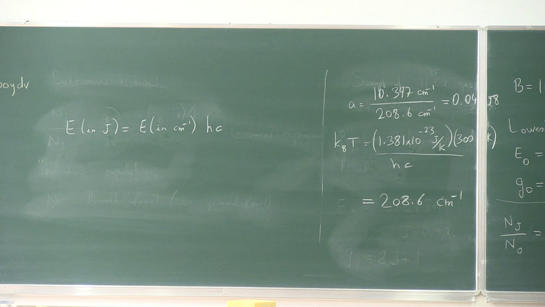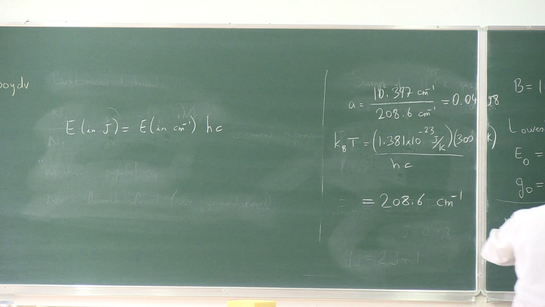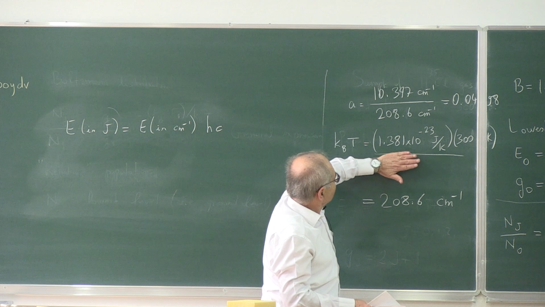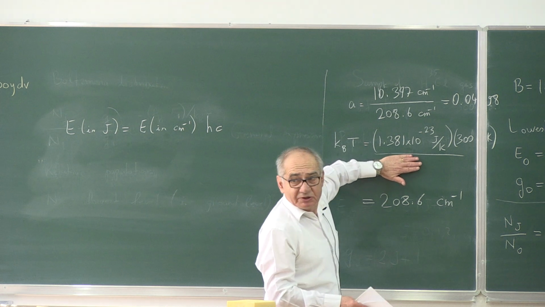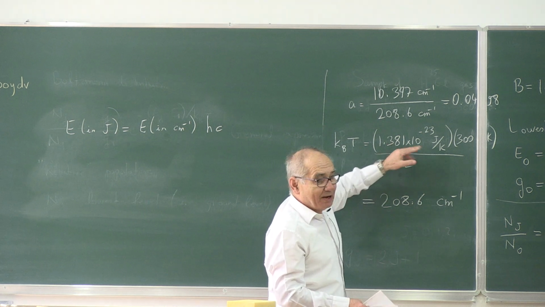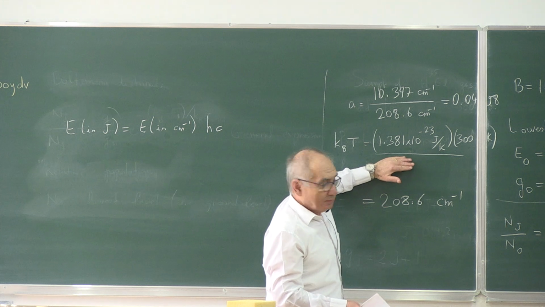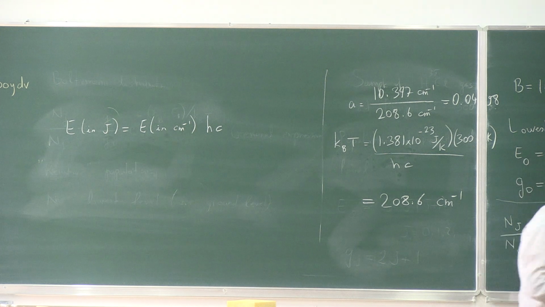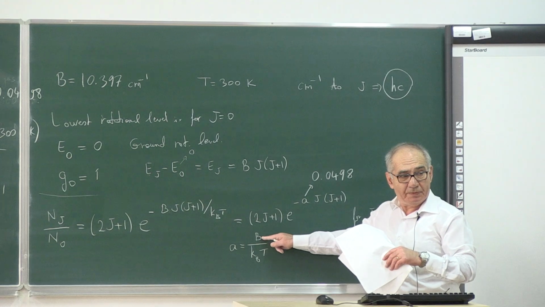All right. Please note, if you do not divide by h times c, the value will be in joule. You can use that value in the calculation, but in that case, you must convert B into joule also.